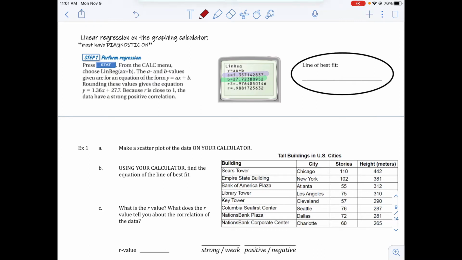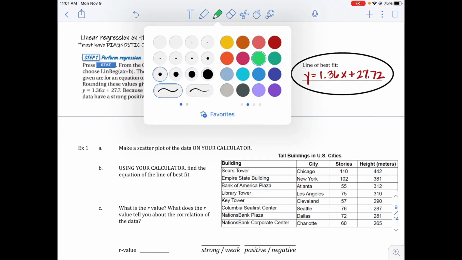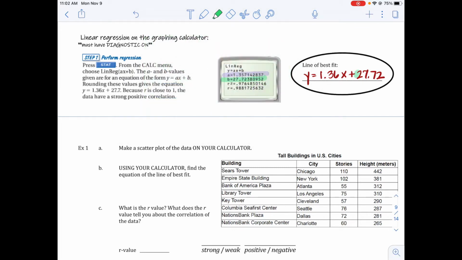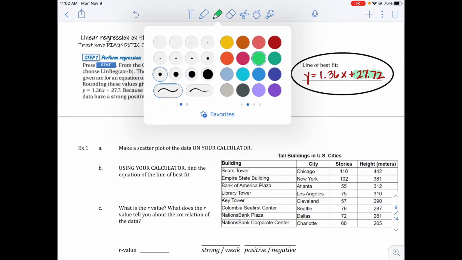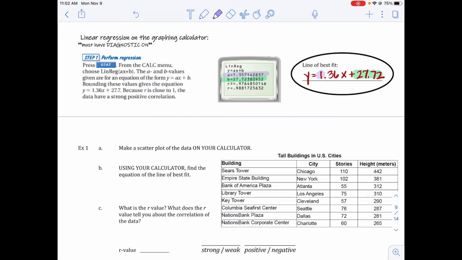So we said A was 1.36, so our line of best fit is y equals, again, A is our slope, so 1.36x plus our y-intercept of 27.72. Okay, again, remember our B value comes from the B value output, my y-intercept, and my slope, also known as A in linear regression, is our A value.